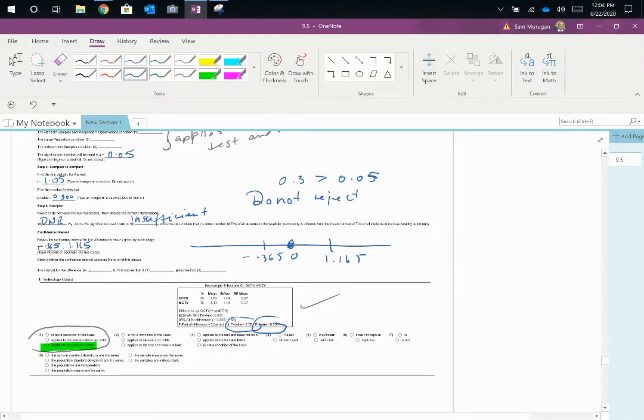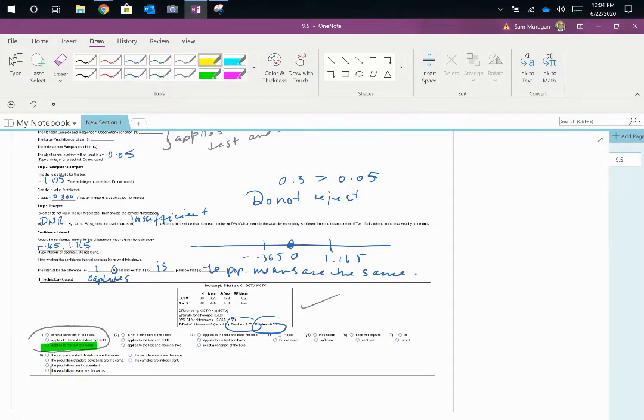So this interval captures 0. This implies that it is plausible that the population means are the same.